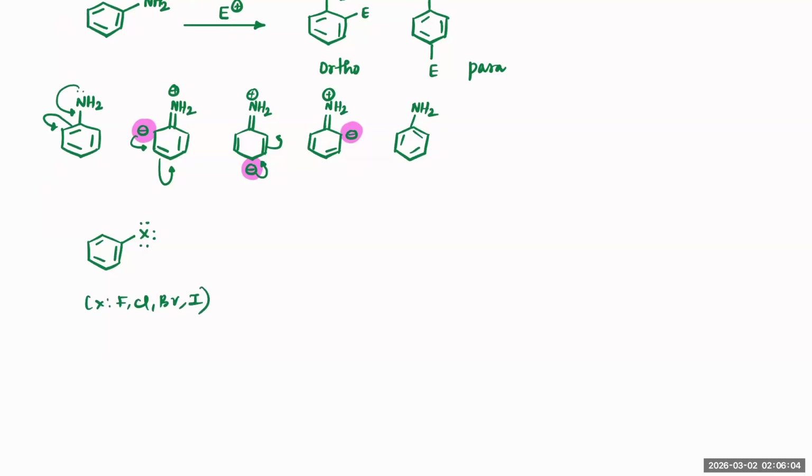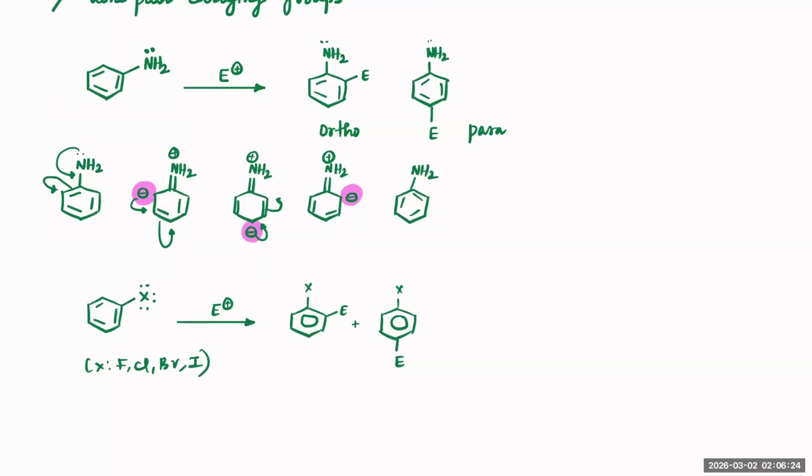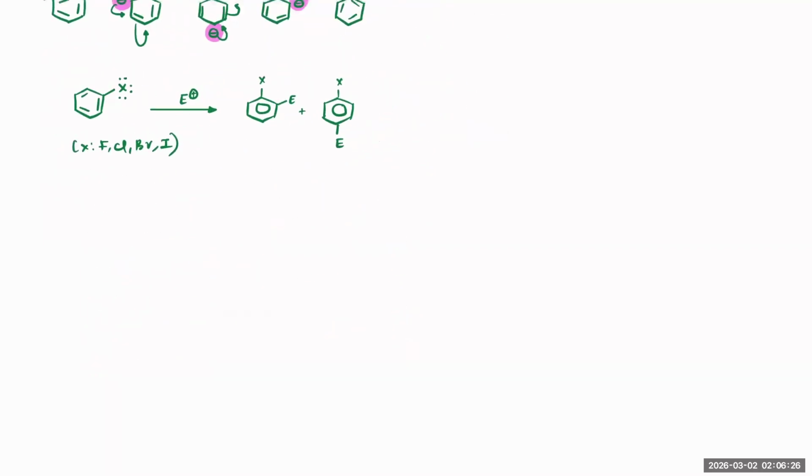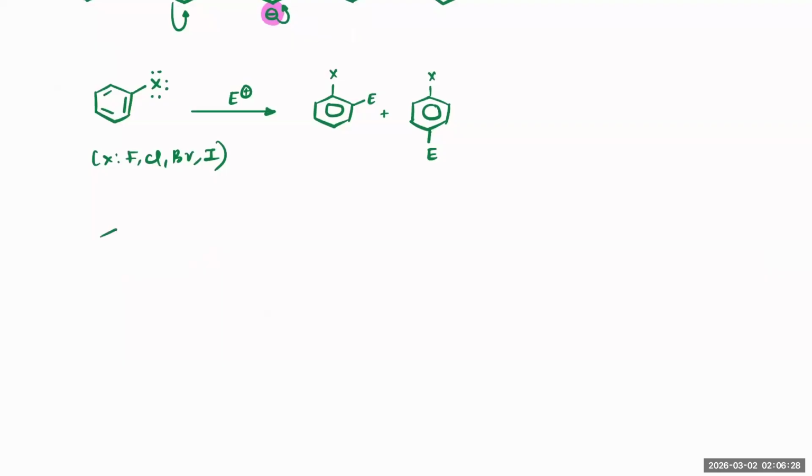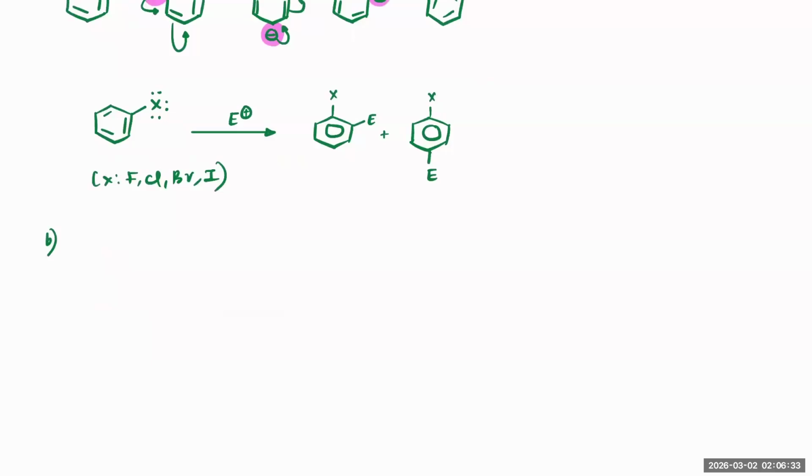Naturally, halogens are withdrawing, but yet because they carry lone pairs, if an electrophile is invited or trying to get substituted, it will only go at ortho position and para position. Got it? Now, what are the other cases which are likely to behave this way? This is case 2. Write it as case 2.